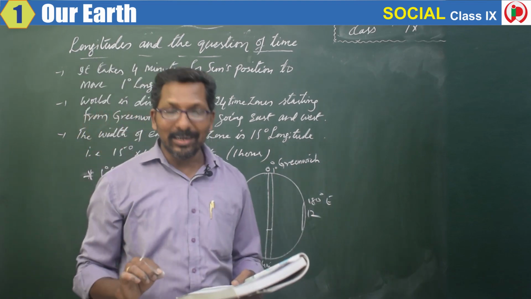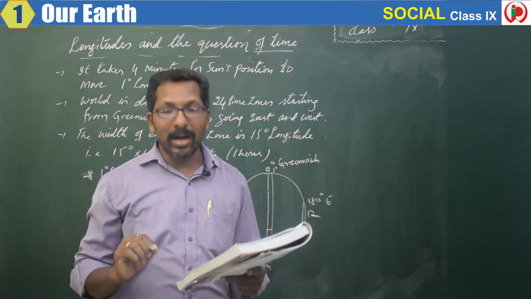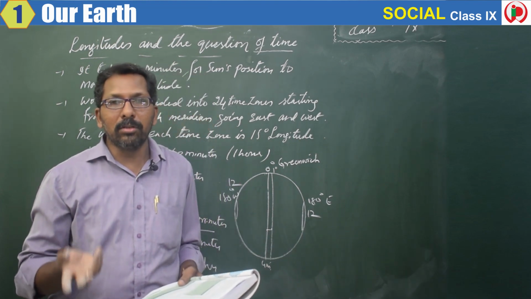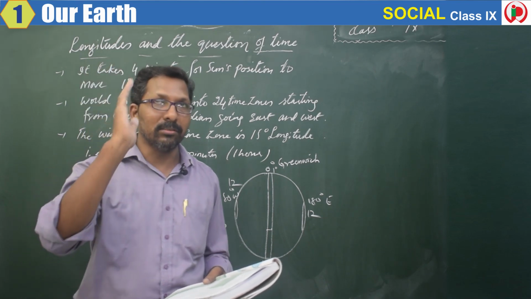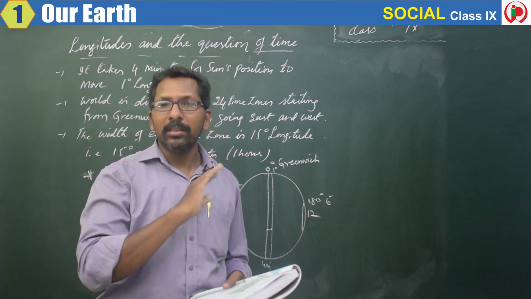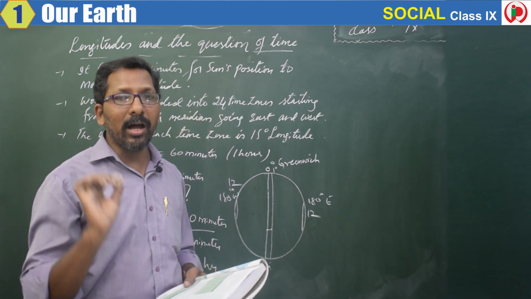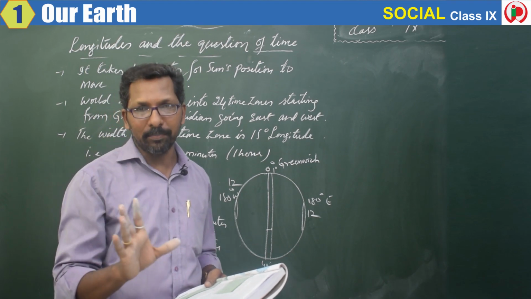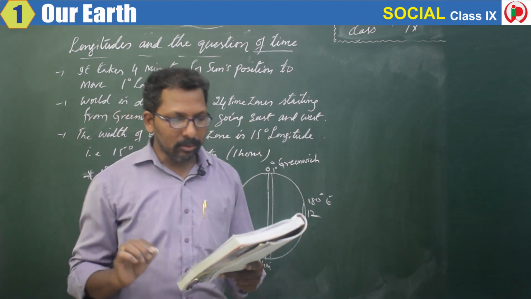You know that the earth rotates on its own axis and longitudes are imaginary. Whether it's longitudes or latitudes, both are imaginary lines. Imaginary means just imagine they are there, that's it. They are not there permanently, my dear children, they are only imaginary lines we have made.